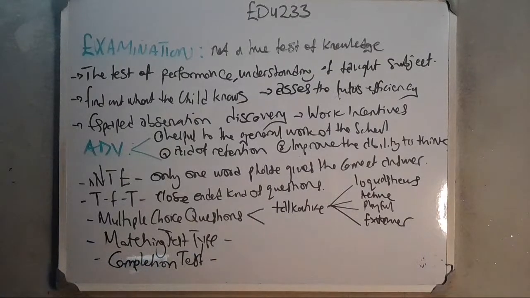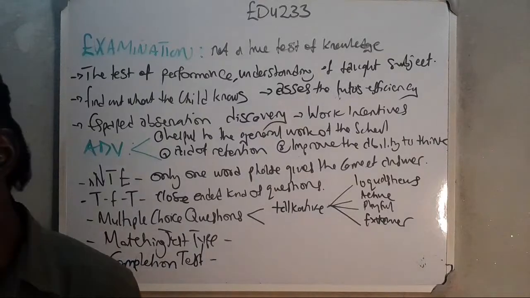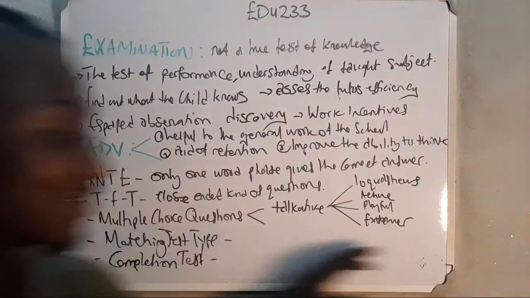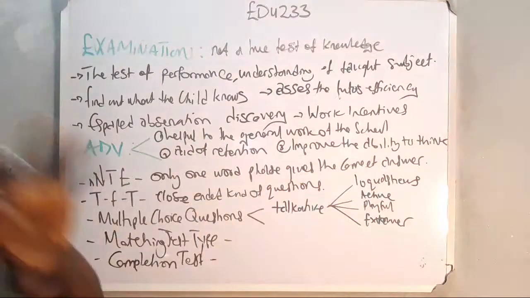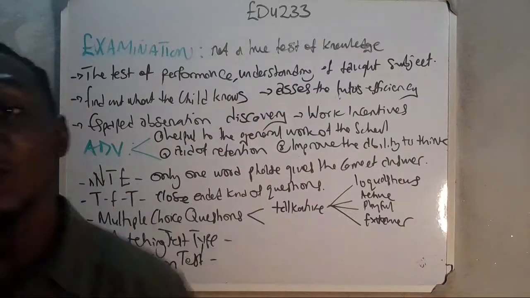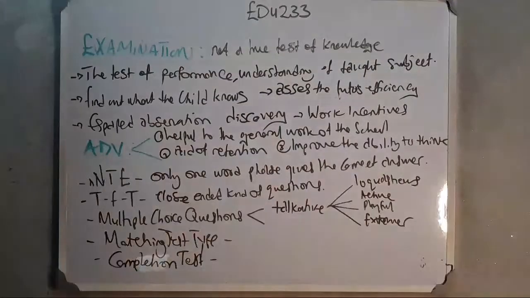The completion test is an example of sub-objective. A sentence will be given and one word will be removed. An example of this is: the dash is a powerful but low-grade motivation for learning.